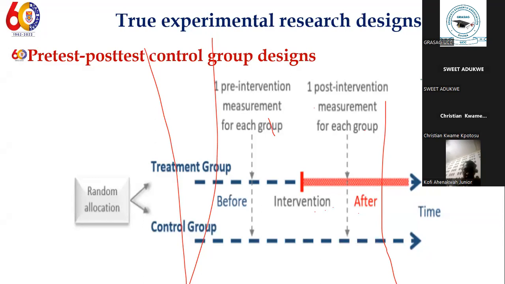Then we introduce some of the students to take tests using the e-learning platform, that is the treatment group, and some of the students to take another test using what? The face-to-face way. Then after all this, we collect data on their test-taking behavior again, both for the treatment group and for the control group.